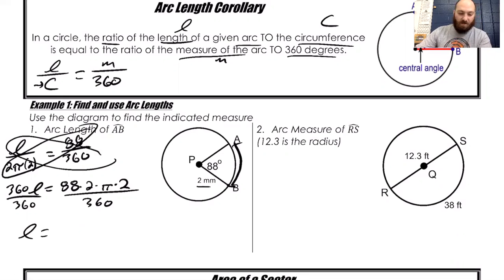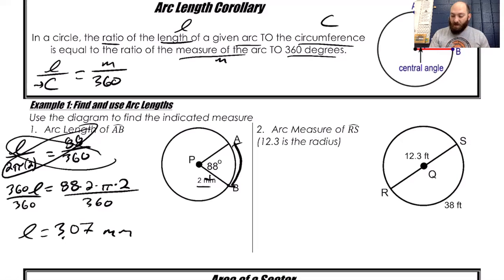And my denominator is just 360. Put it all in as one, you get an arc length of 3.07, and it was millimeters, so it stays millimeters. So that's it.